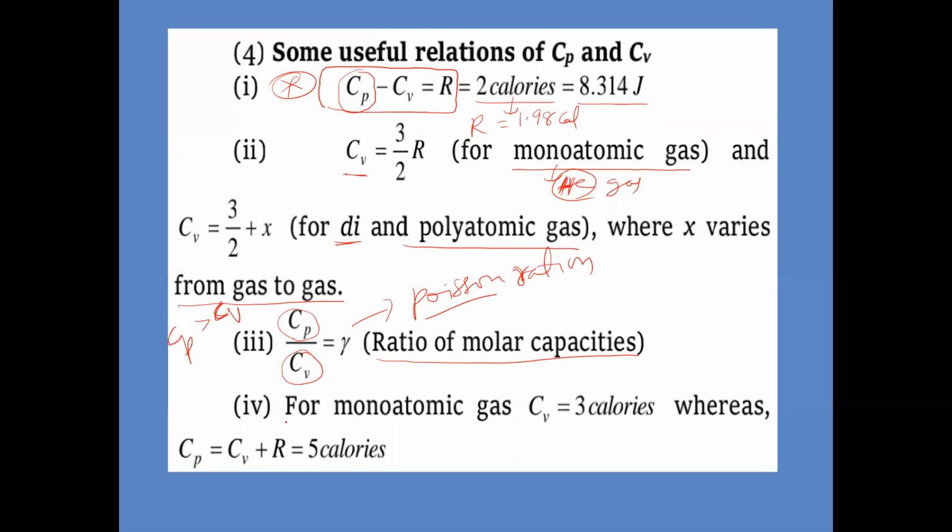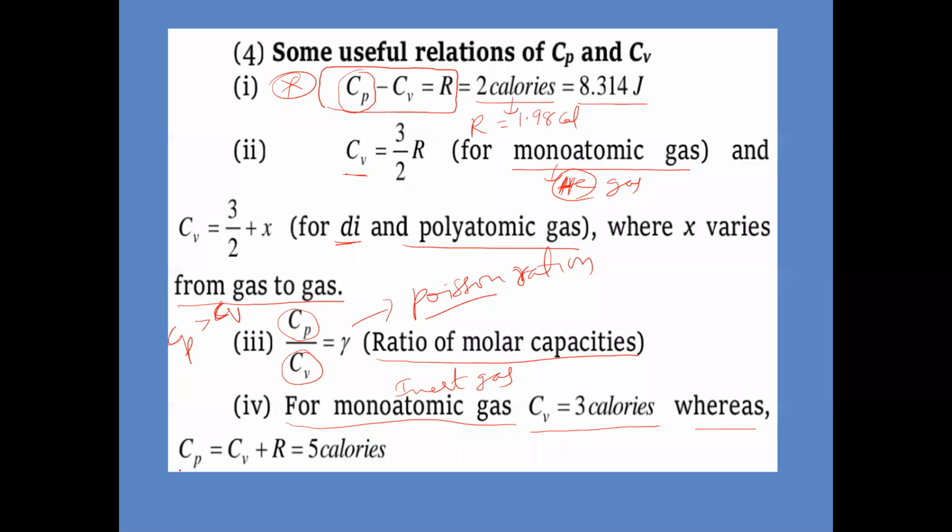Now, another thing. For a monoatomic gas like an inert gas, inert gases are monoatomic, like helium, neon, argon, all these. For a monoatomic gas, CV is equal to 3 calories.